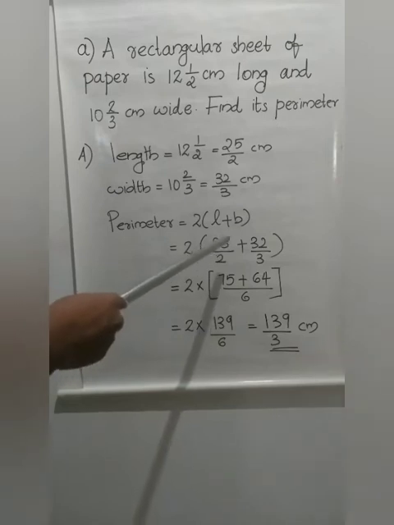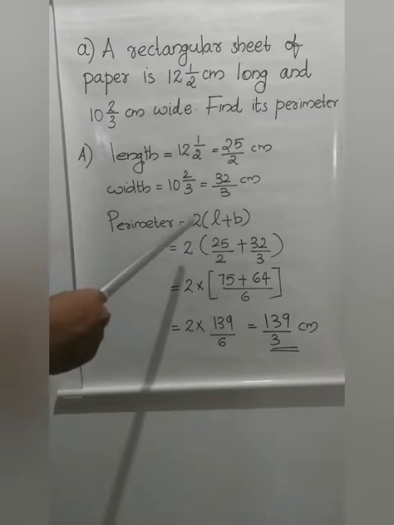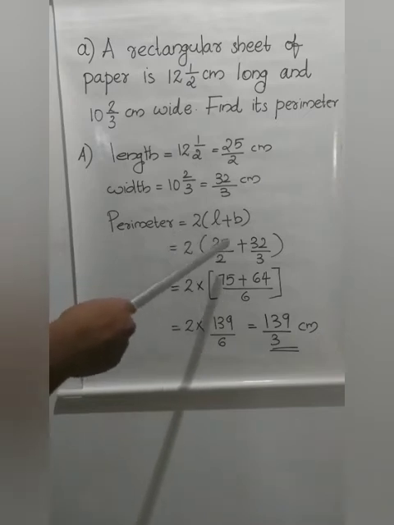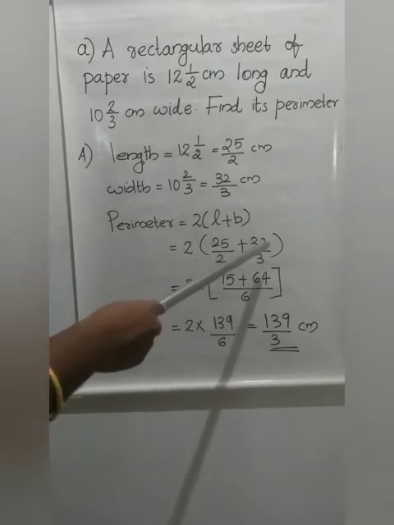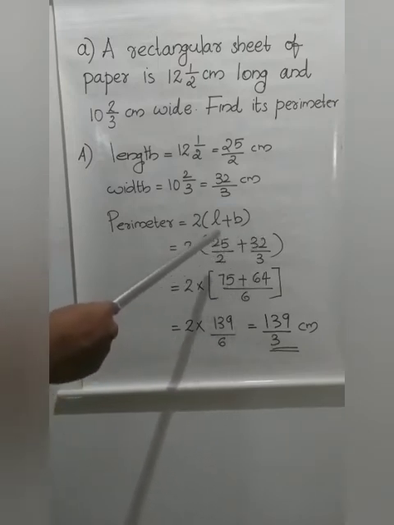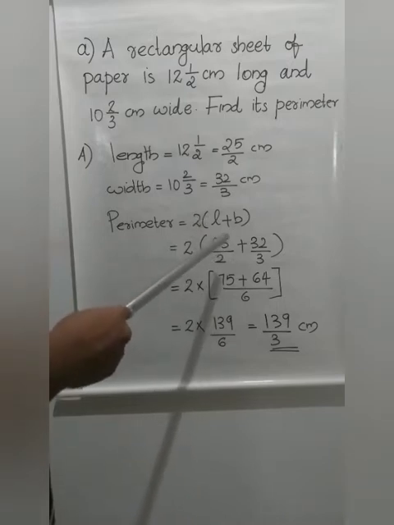So, first do what is given in the bracket. Here, 2 into (25/2 plus 32/3). This addition is separated by a bracket, so do what is inside the bracket first. You know how to add two fractions.